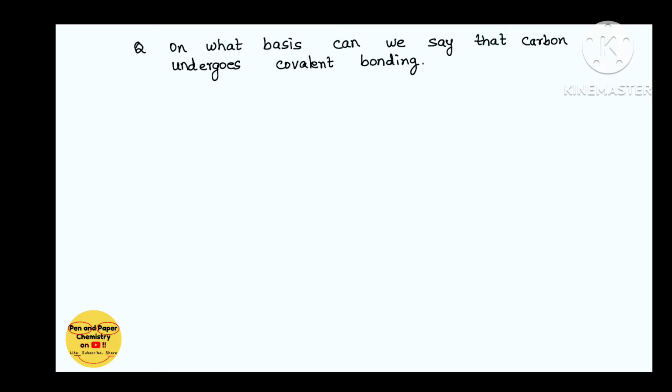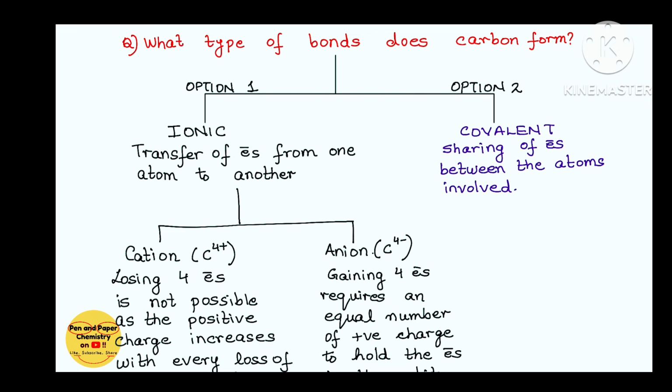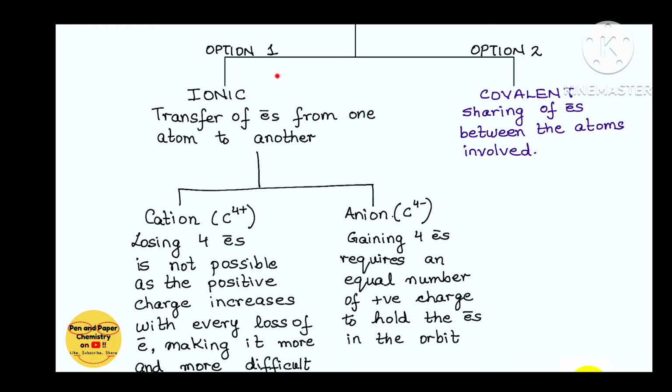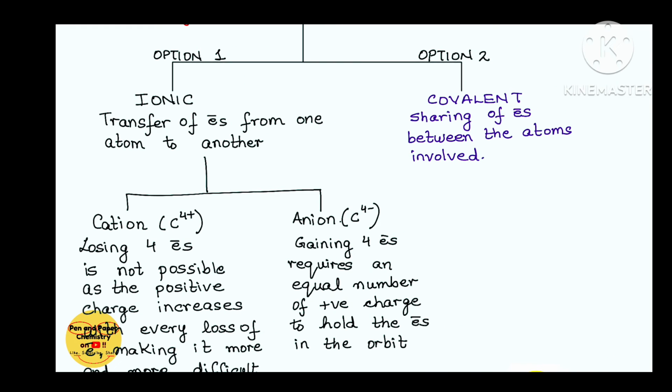A very interesting question that I want to put to you. On what basis can we say that carbon undergoes covalent bonding? You remember that I explained to you that carbon doesn't undergo ionic bonding, it undergoes covalent bonding. Now this is theory. What are the practical observations which prove my assumption regarding covalency of carbon compounds?